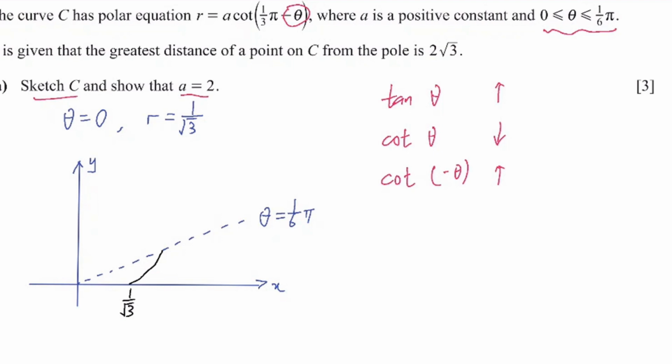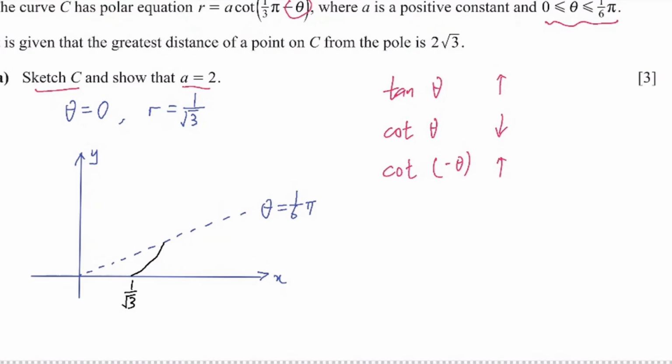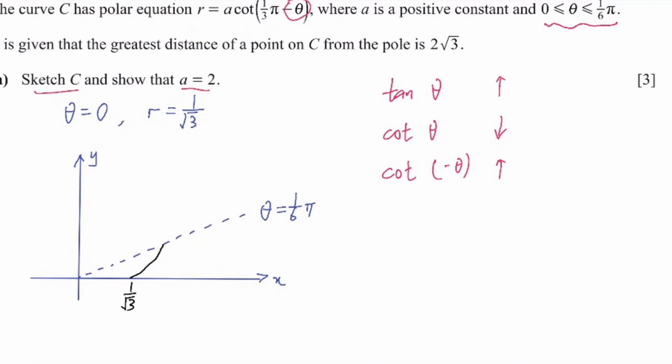So now we prepare for the sketch of the graph there. We could first find out what is R when theta equals to 0. It's very easy to find out. We know this is the starting point, where R is 1 over 3.